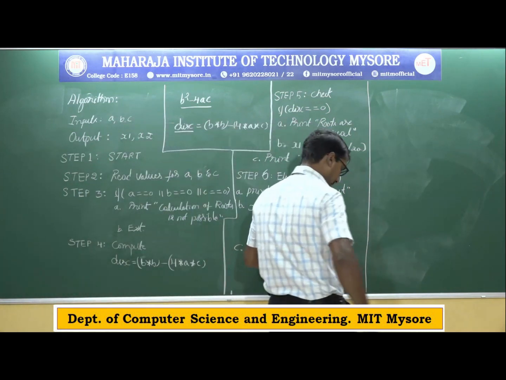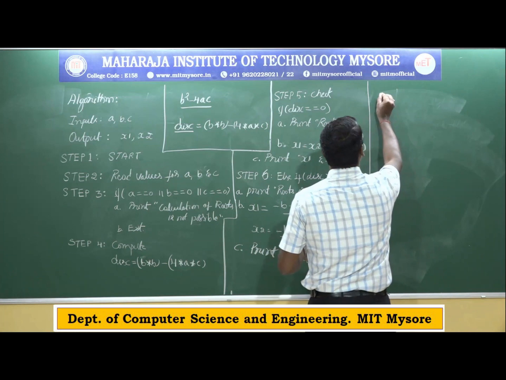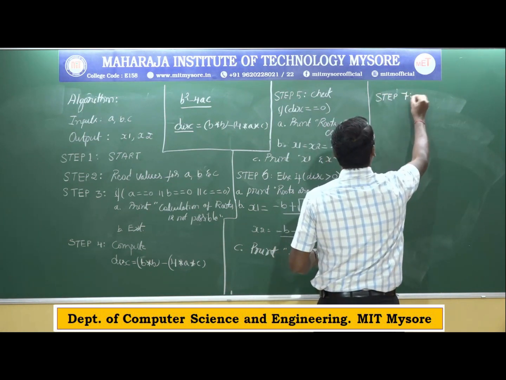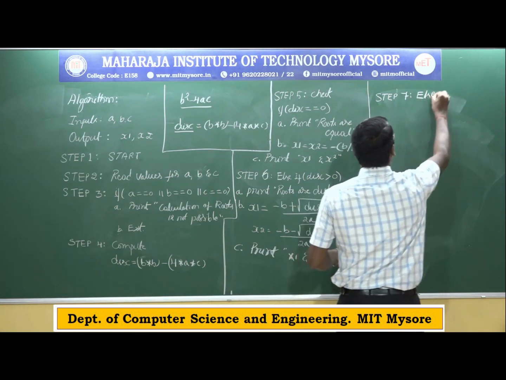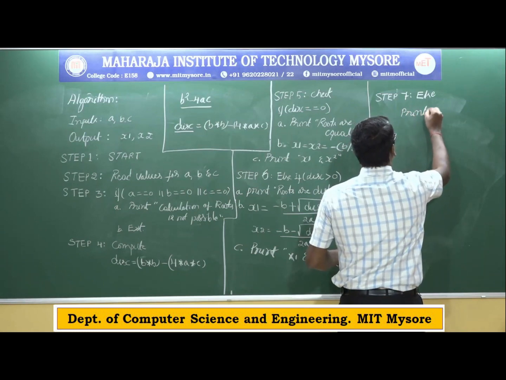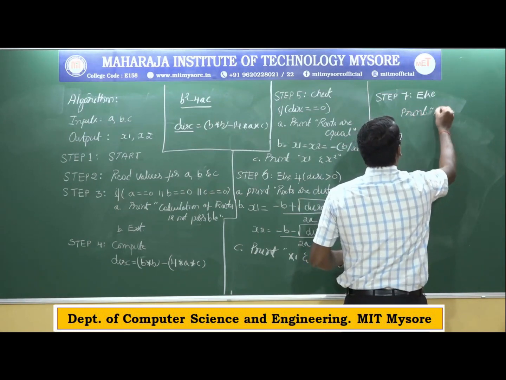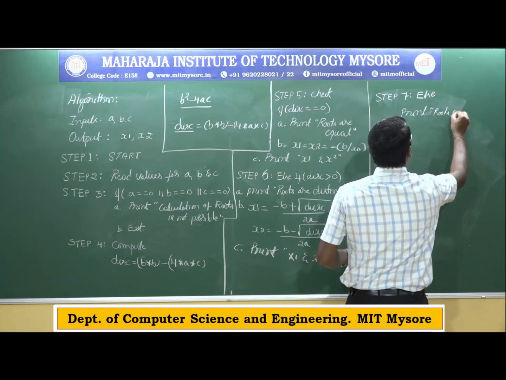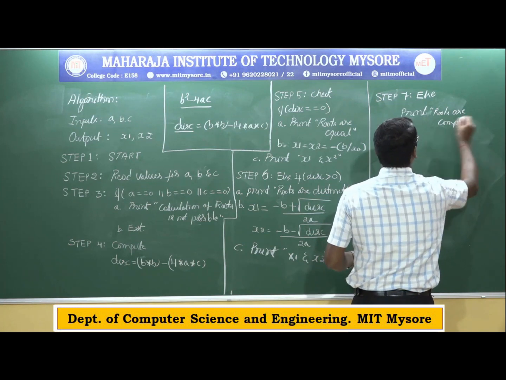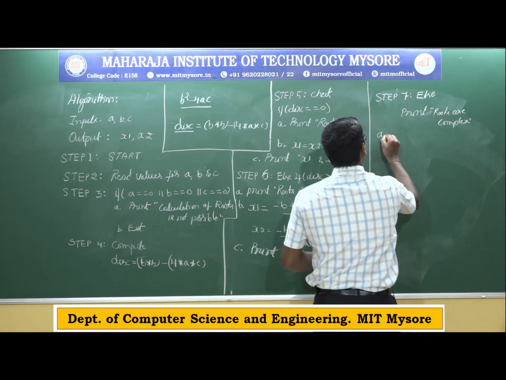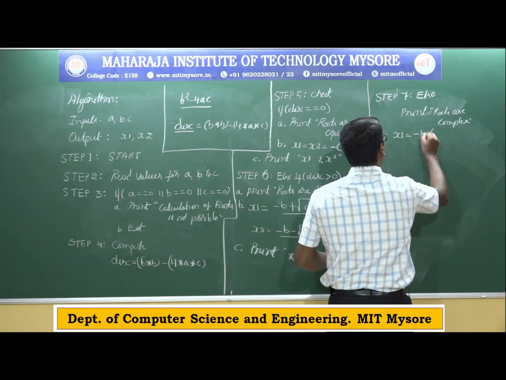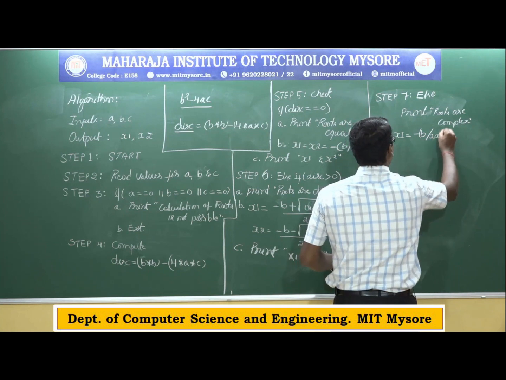So, step 7, that is the else statement. Else, print roots are complex, real and complex. Now the value of x1 is equal to minus b divided by 2a.